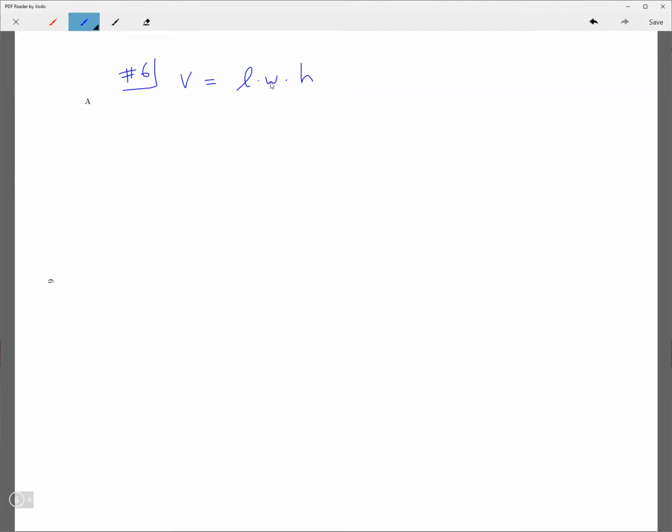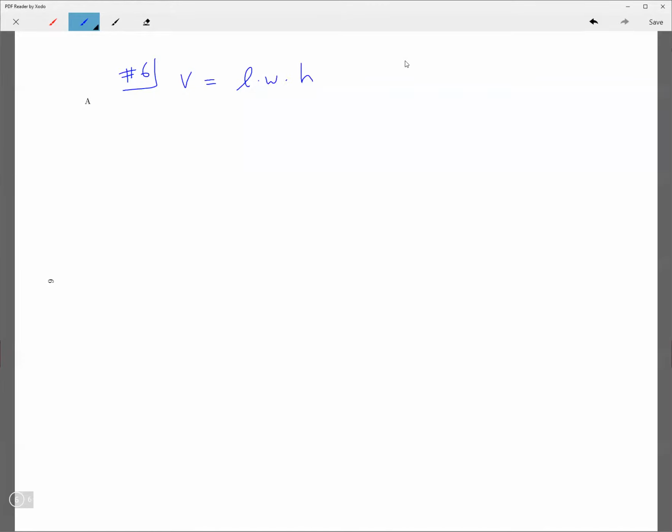Anyways, at a certain instant, the length is 3 and the width and height are both 8. But the length and width are increasing at a rate of 4 meters per second.